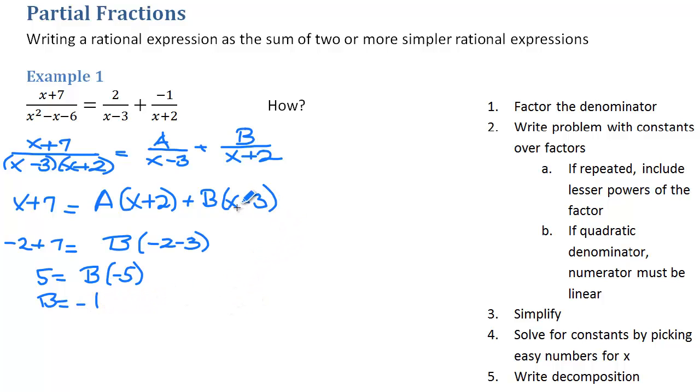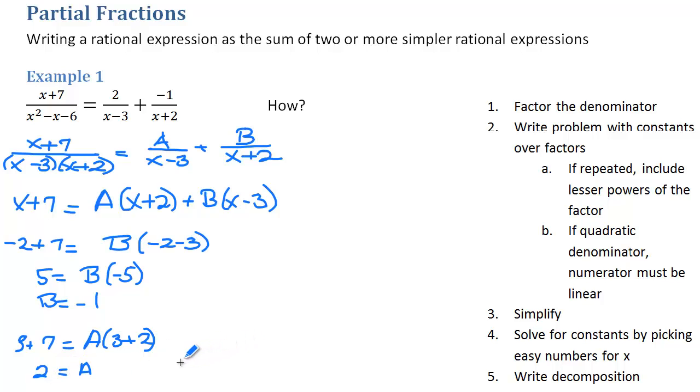Let's pick an easy number to make the B go away. If x is a positive 3, we'll get a 0 here and B is gone. So 3 plus 7 will be equal to, allowing x to be 3, 3 plus 2 times A. So if 10 is equal to 5A, A has to be 2.